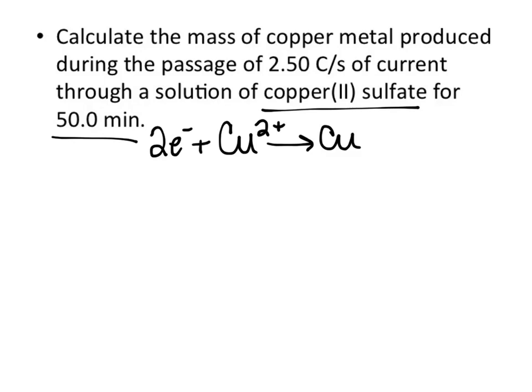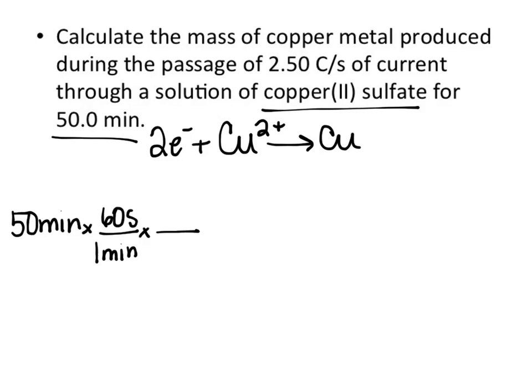Then start out with the easiest thing you know, coulombs per second or 50 minutes. I would probably start out with 50 minutes. So 50 minutes, and we need to convert that to what? We have coulombs per second, so we probably need to convert that to seconds. So 60 seconds over 1 minute.